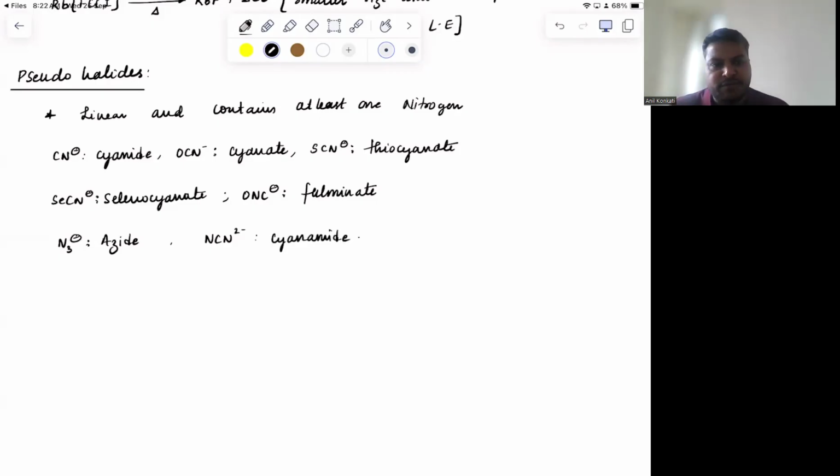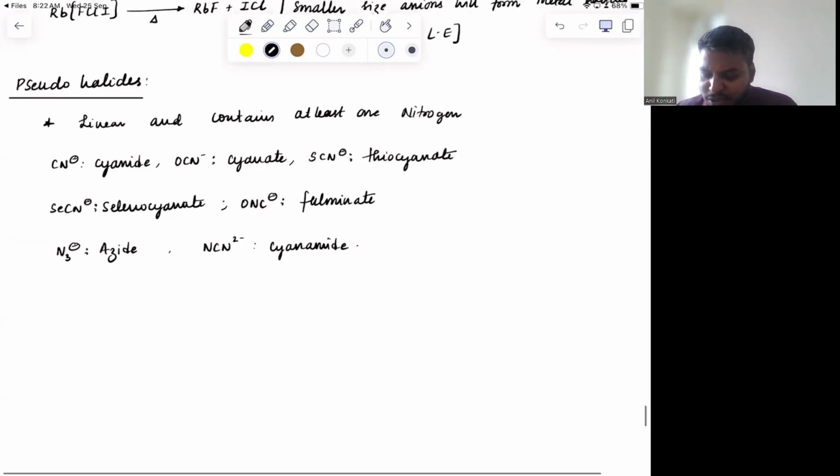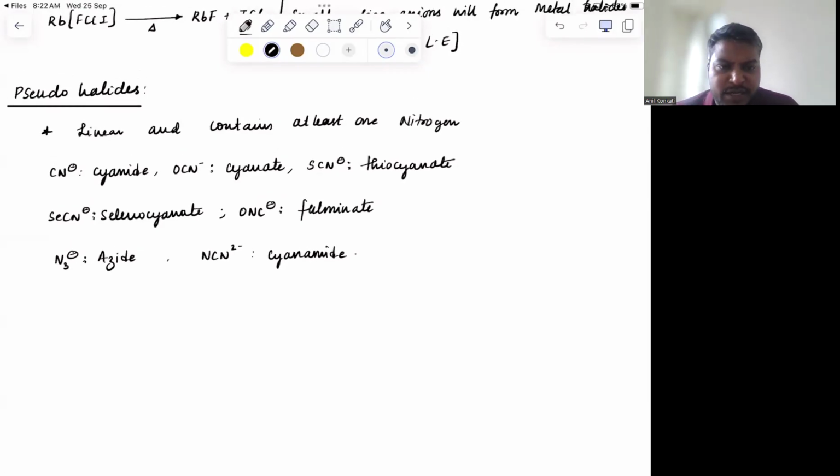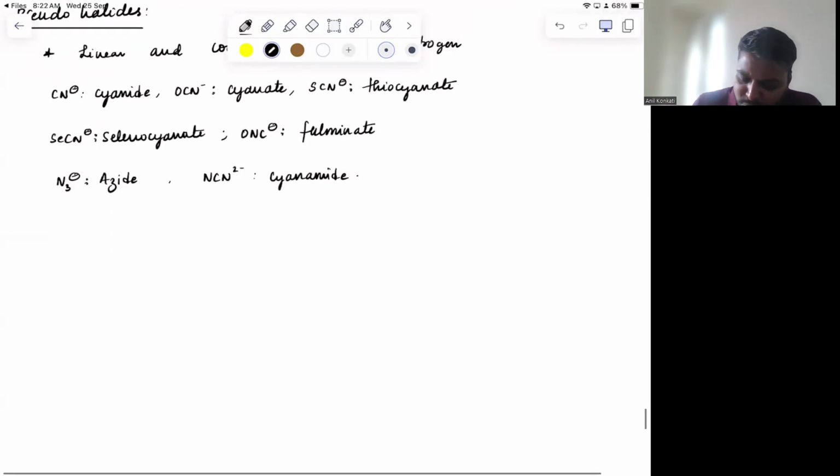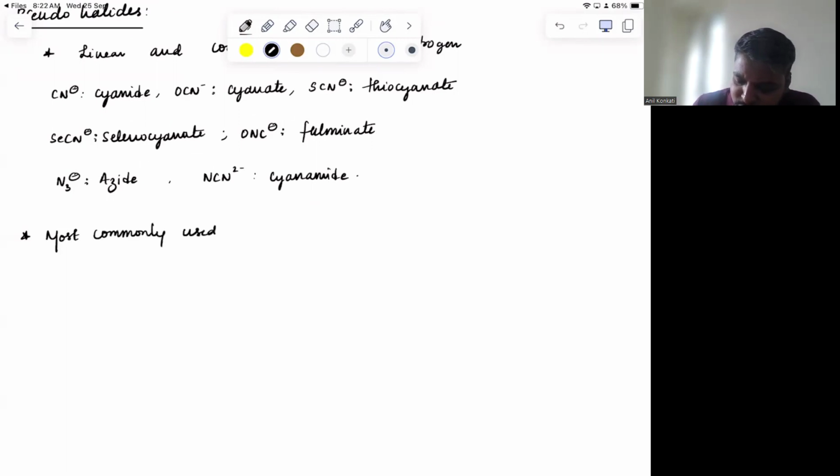All of them will have very similar rules, like those of halides. They all behave very similar to halides. Clear? The most commonly used pseudohalide is cyanide, CN minus.